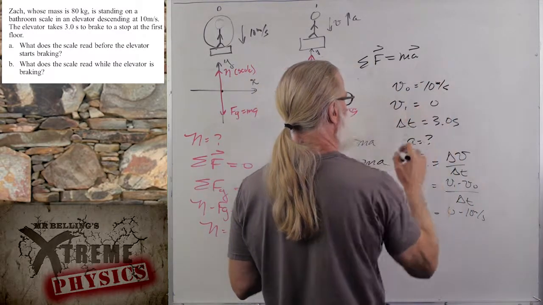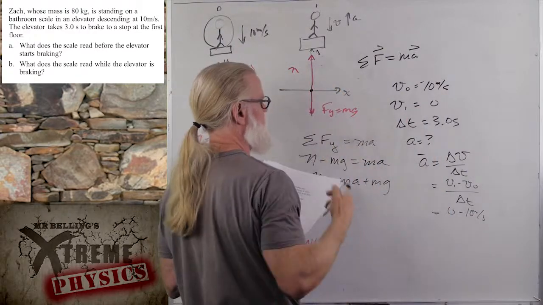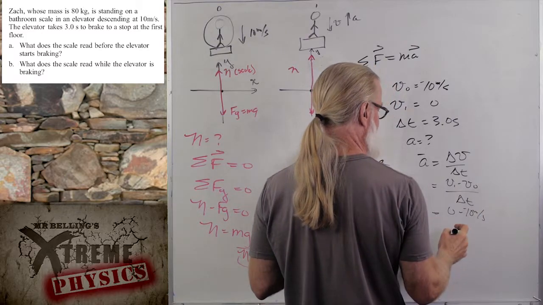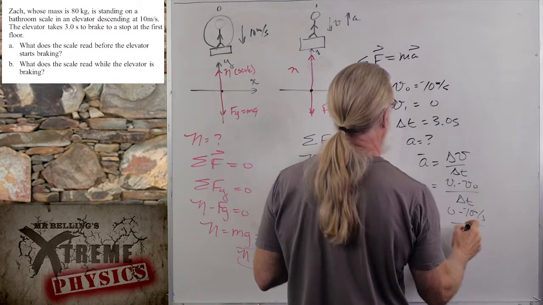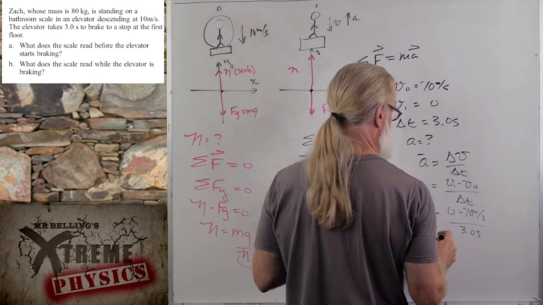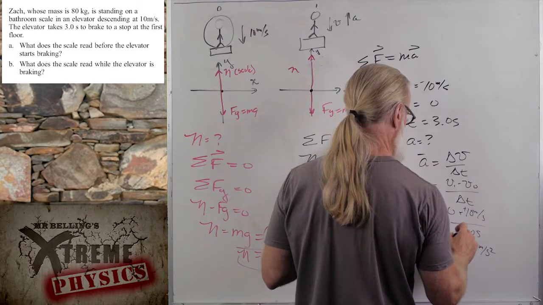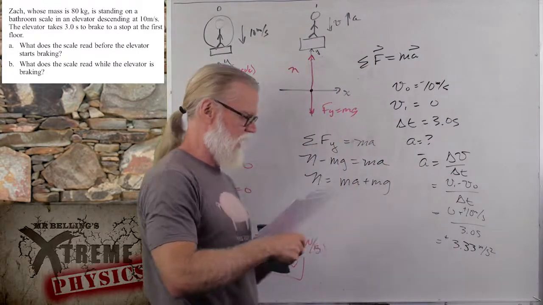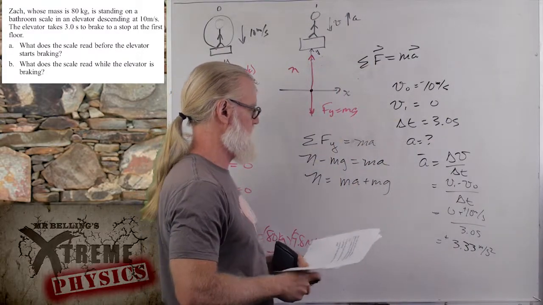This is actually a negative 10 meters per second because he was going downward. So minus a negative, all over 3 seconds. 10 divided by 3, and that is positive. We have an upward acceleration, which is exactly what we were suspecting.